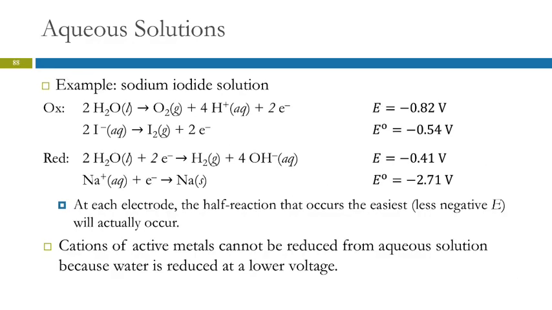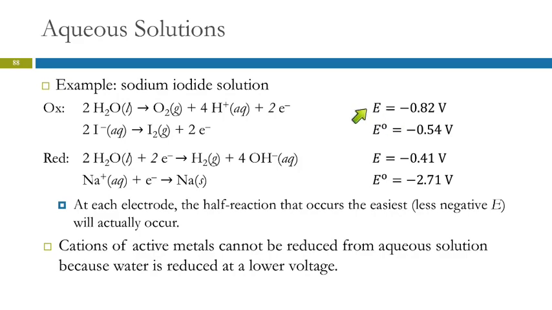So what if we have a sodium iodide solution? So we've got sodium ions, we've got iodide ions, but then we also have the potential to have the water itself being oxidized or reduced. So we look at the two possible oxidation reactions, water being oxidized and iodide being oxidized. Because of the concentration of hydrogen ions in water, this is not an acidic solution.